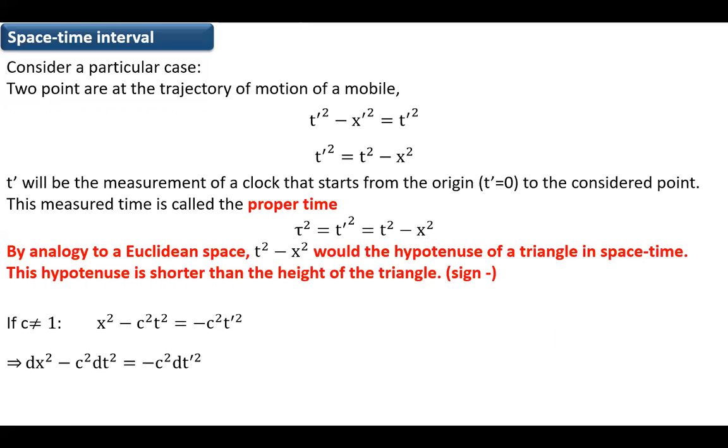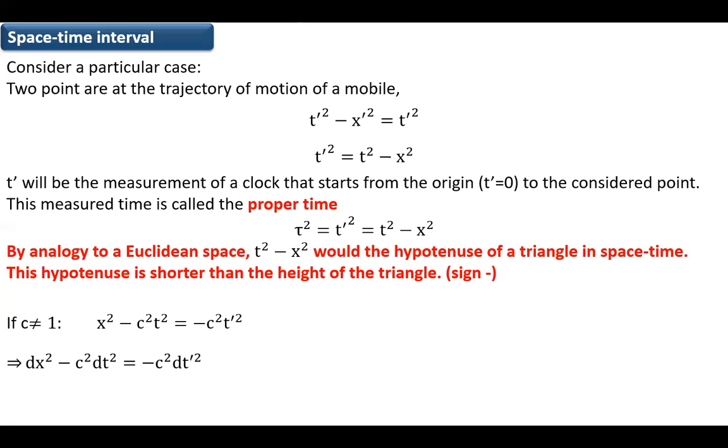Let us take a particular case where we take 2 points from the trajectory of motion of a mobile. So if you have a mobile moving, we take 2 points from its trajectory.